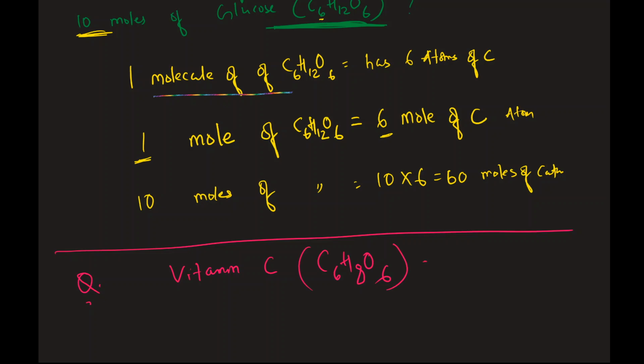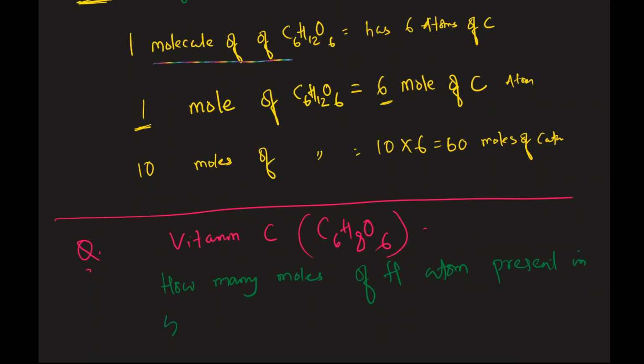So my question for you guys, how many moles of hydrogen atoms are present in 5.6 moles of vitamin C?